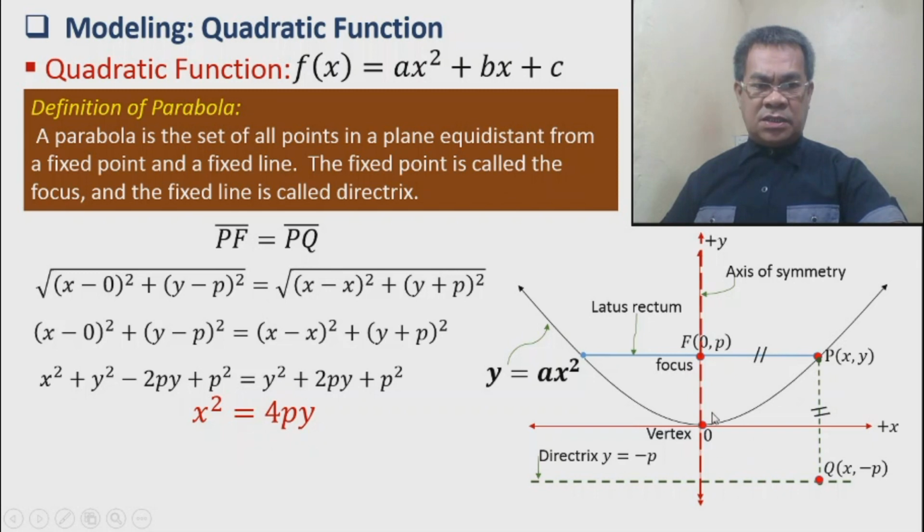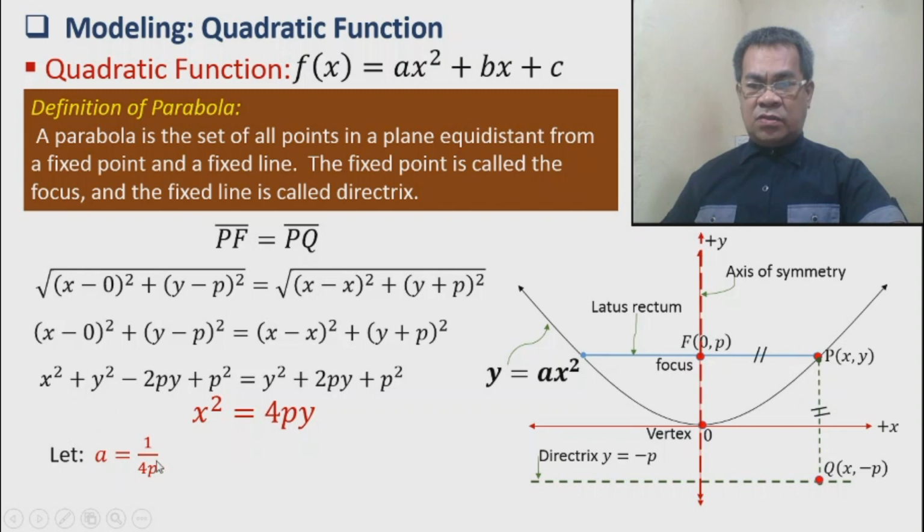Okay, so this is the relation, meaning when you square x, it is equivalent to 4 times p, multiplied by y. Take note, p is the distance from the vertex towards the directrix. And x and y are variables.